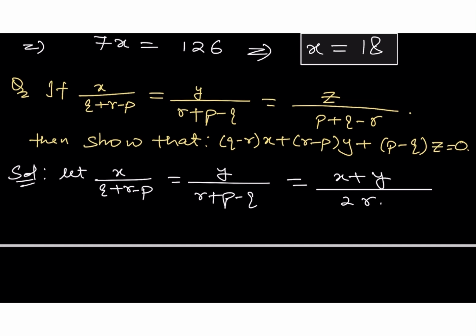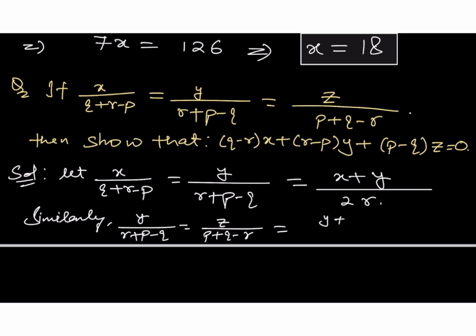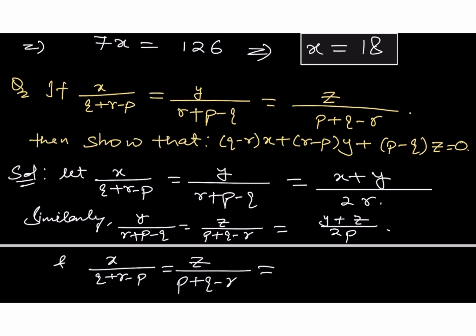Similarly, y upon r plus p minus q is equal to z upon p plus q minus r, which is equal to y plus z upon 2p, right? And x upon q plus r minus p is equal to z upon p plus q minus r, which can be written as x plus z upon 2q, right?